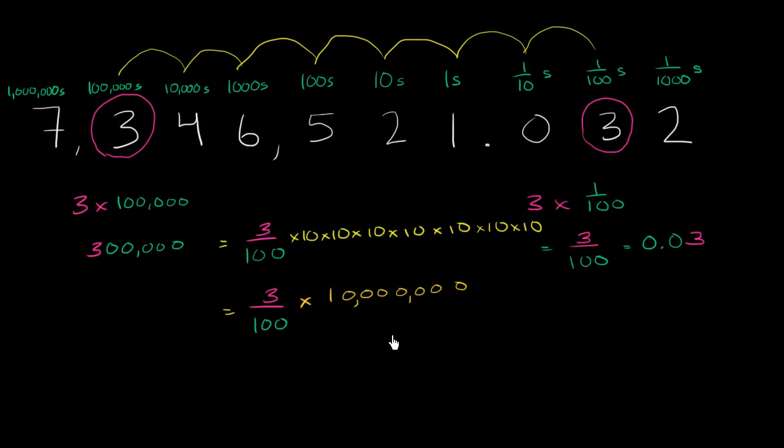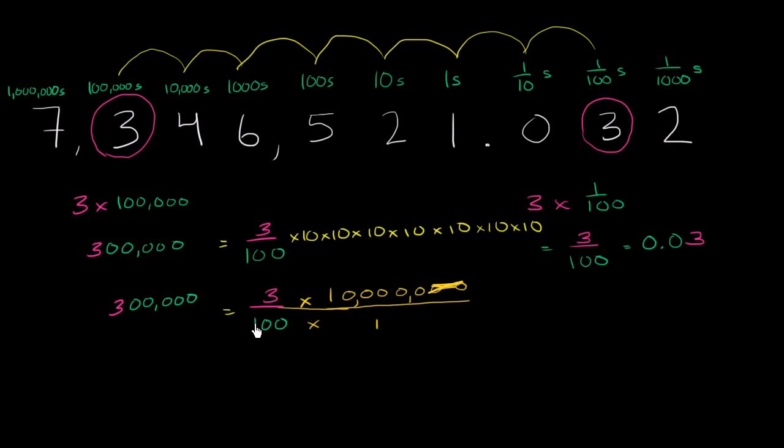So let's see if this actually is the case. Does this actually equal 300,000? Well, if you view this as 3 over 100 times 10 million over 1, you divide the numerator by 100, you're going to get rid of 2 of these zeros.